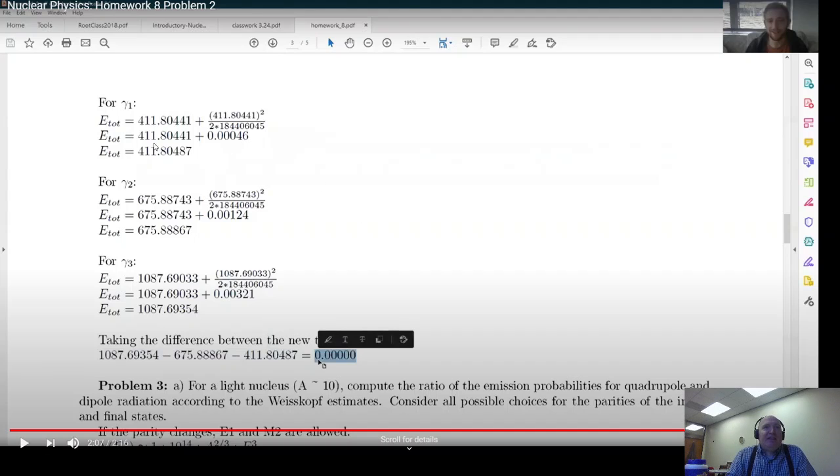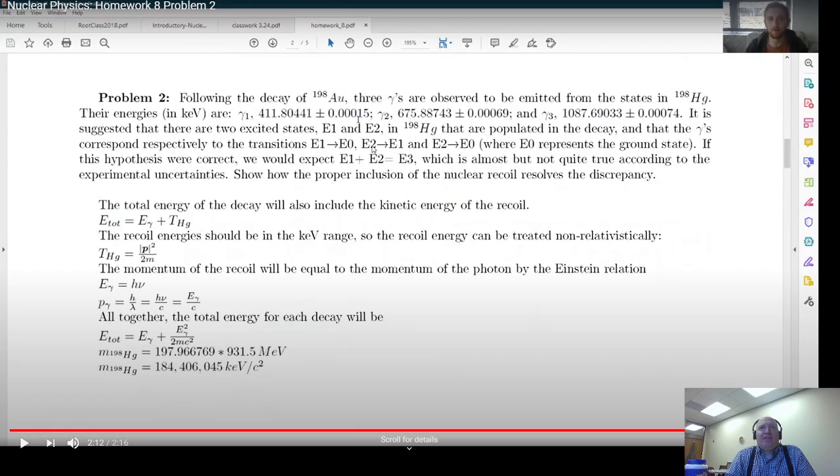So really, this is the energy level spacing, and it just gets divvied up among a photon and some kinetic energy. So this is really a comment about how going from bottom to top should be the same as going from bottom to middle to top. That is such a cool problem.